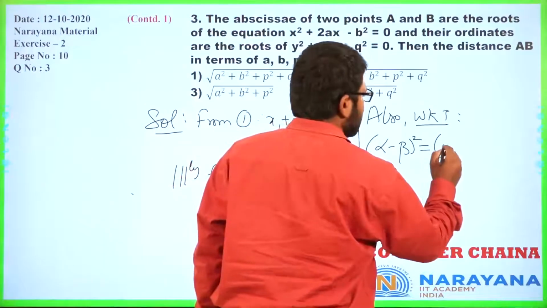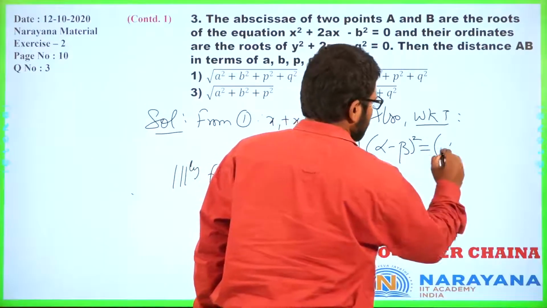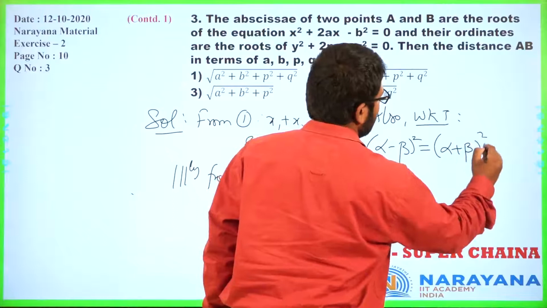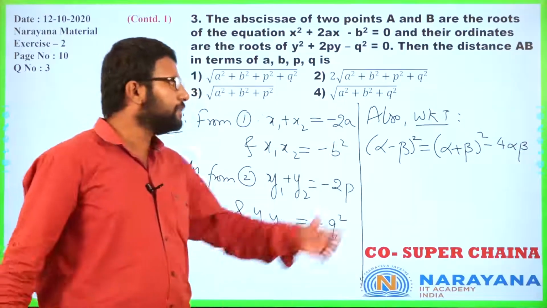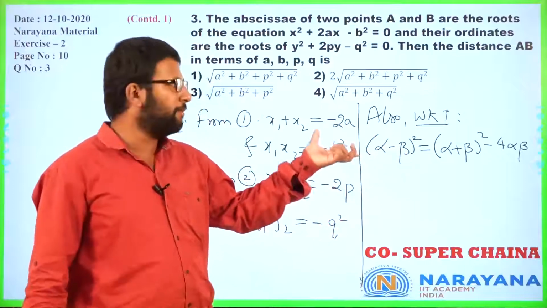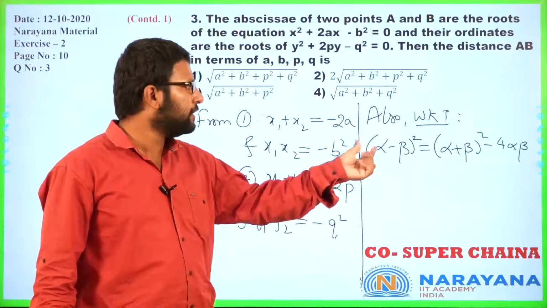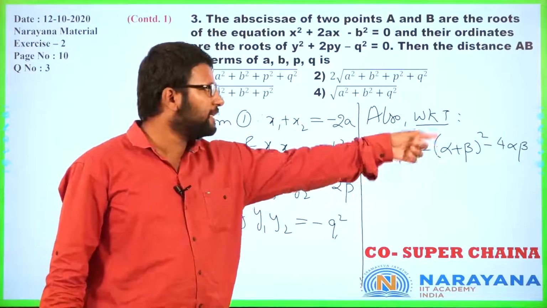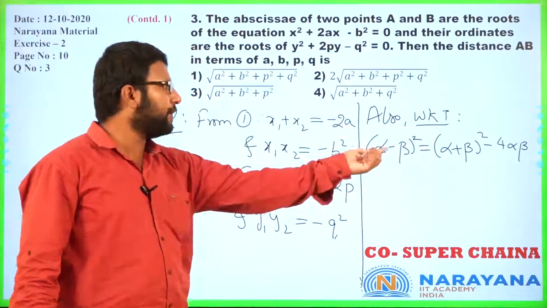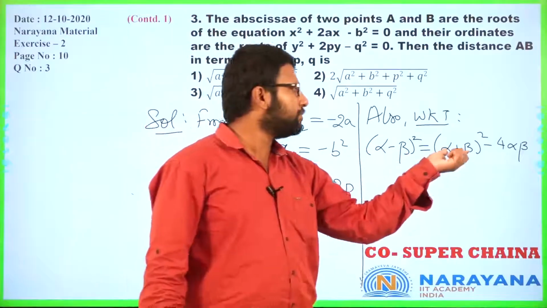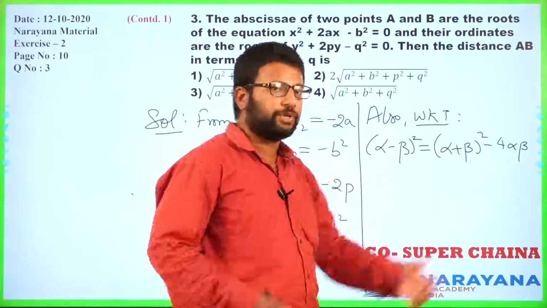You just add and subtract another 2 alpha beta. So it becomes alpha plus beta the whole square minus 4 alpha beta. Okay, if you know this formula, great. If you don't know this, memorize this. Very, very important. So alpha minus beta the whole square is alpha plus beta the whole square minus 4 alpha beta. Only if this occurred to you can you realize that, okay, I can apply this formula because it uses only sum and product of roots, right?